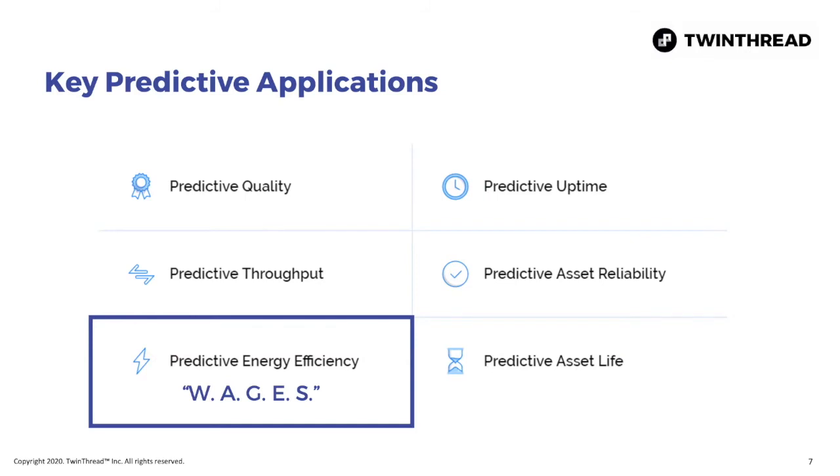And there are maybe some nuances across each one of those utilities that are important to address. But the overall goal of predictive energy efficiency is to drive savings in all of those utilities across the facility and across the production processes.